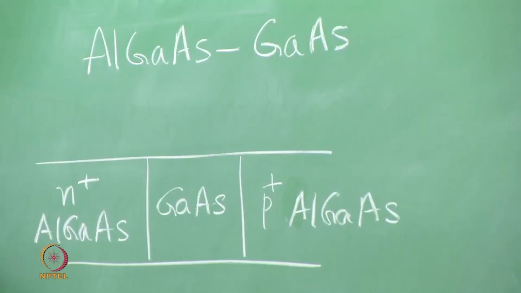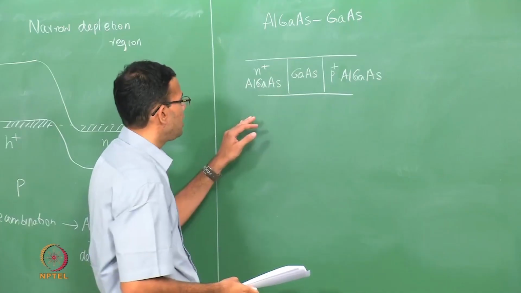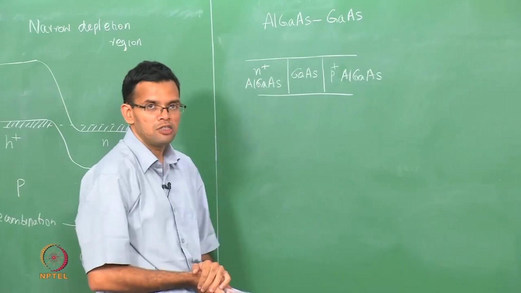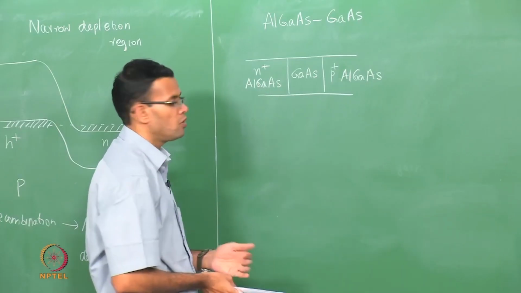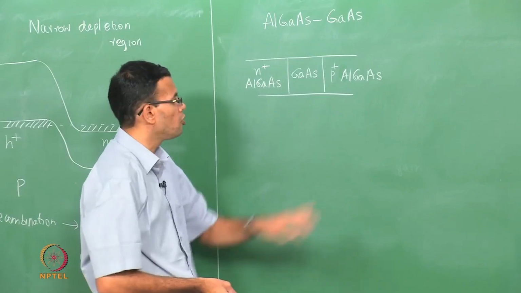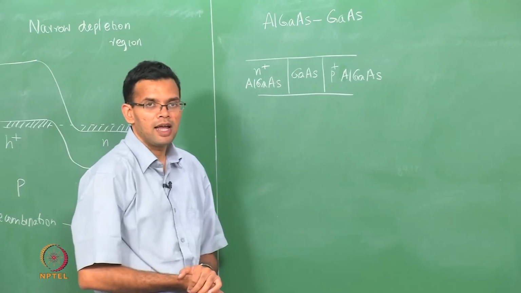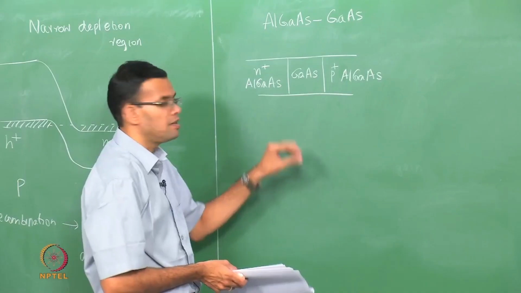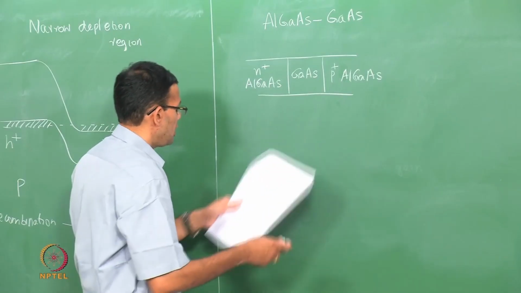When we forward bias this double heterostructure junction, once again we can inject electrons from the N side onto gallium arsenide and inject holes from the P side onto gallium arsenide, and these then recombine to give you your laser light.